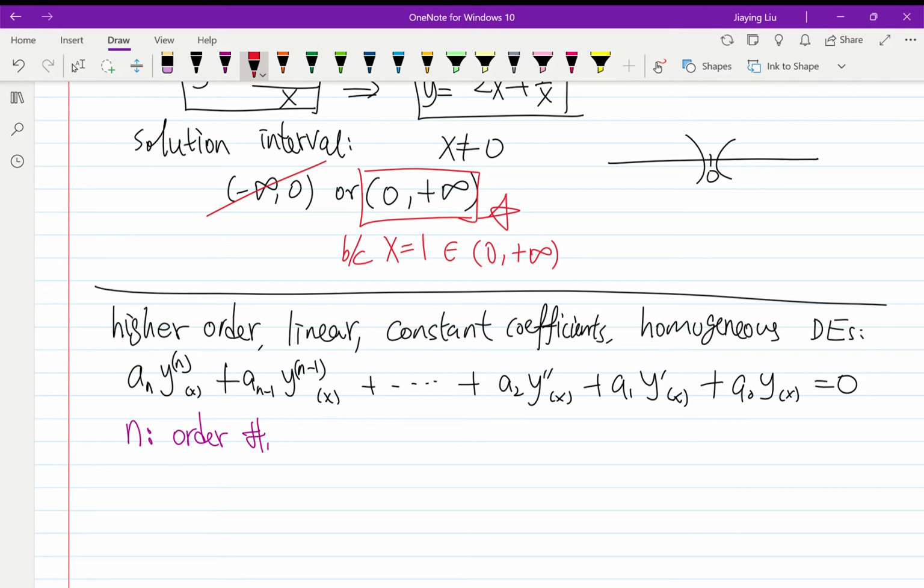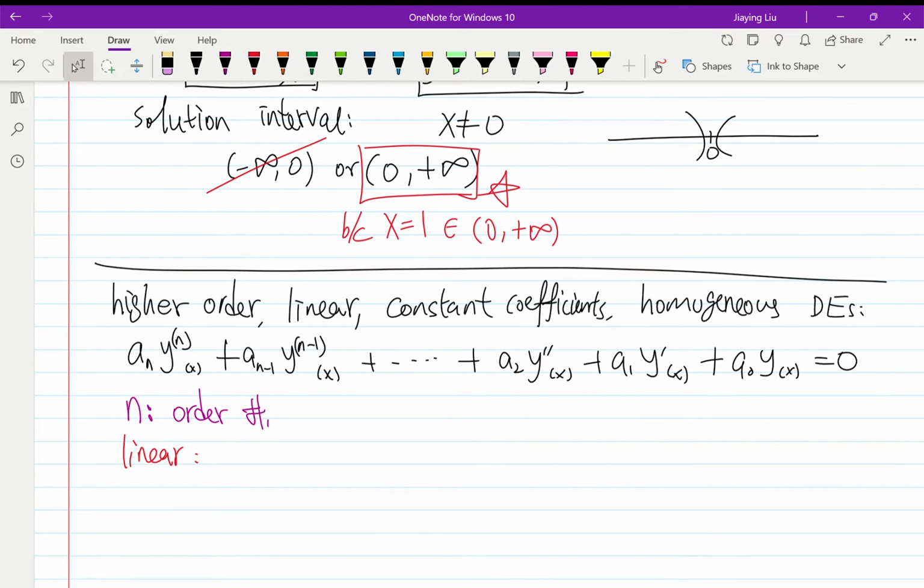And it's linear in the sense that we only have y and its derivatives, and they are all raised to the first power. So here we have y to the first power, y prime to the first power, y second prime to the first power. We only have power 1.